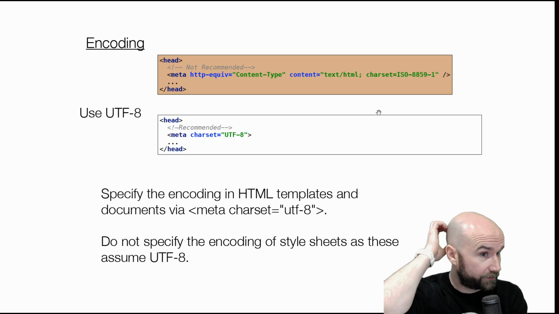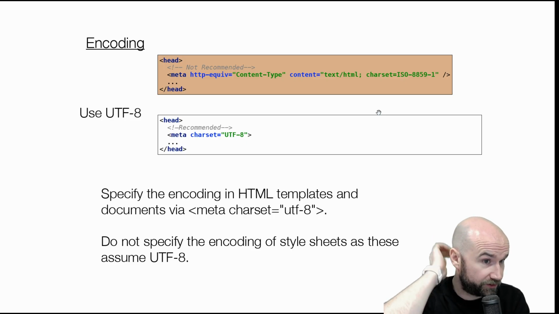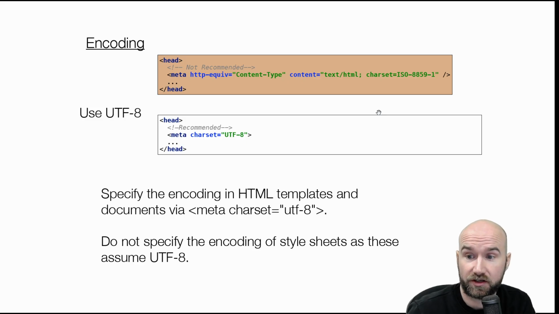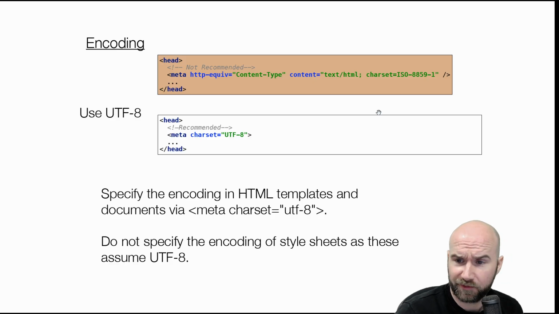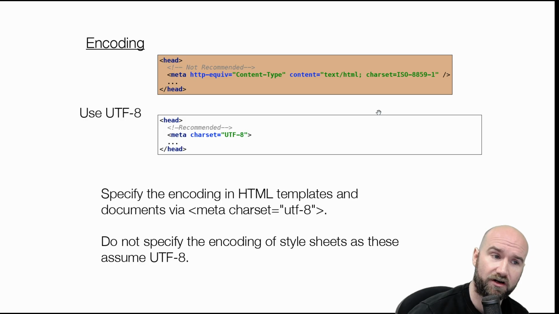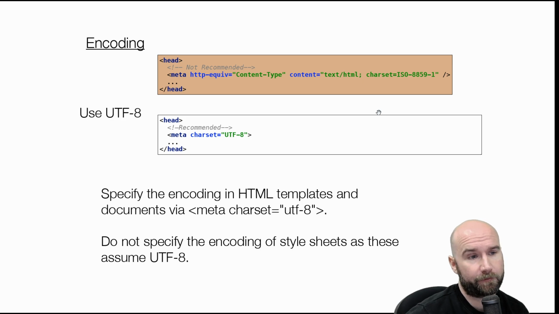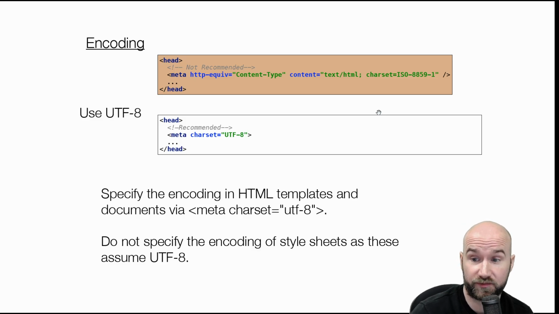So it's a good idea to use encoding as well, and the encoding to use would be UTF-8. This is something you might have seen popping into the head of your HTML page, and your Sublime text or your VS Code might just put it in there automatically.